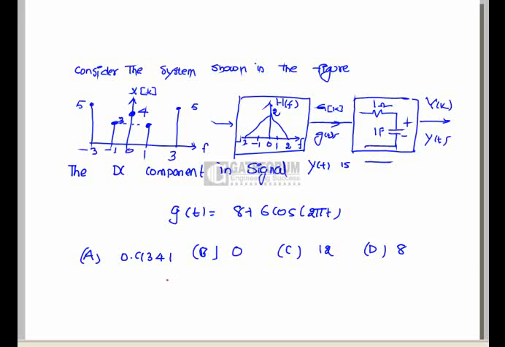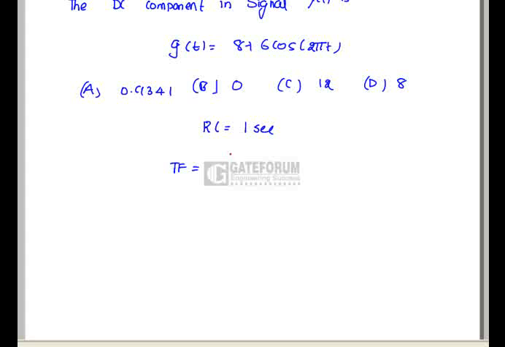Question: consider the system shown in the figure. Find the DC component of the signal y of t. Means we have to find out the DC component present in the signal y of t. Here g of t is given as 8 plus 6 cos of 2 pi t. We are applying g of t to the low pass filter whose time constant equals 1 second, that is RC equals 1 second. The transfer function of the low pass filter is (1 by s) divided by (1 plus 1 by s), that is 1 by (s plus 1), which equals H of s.